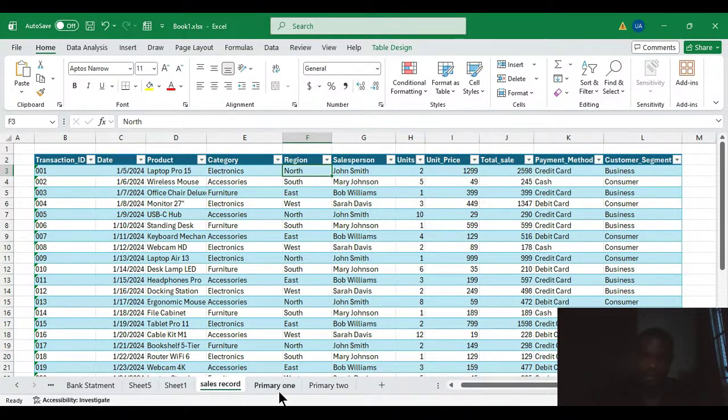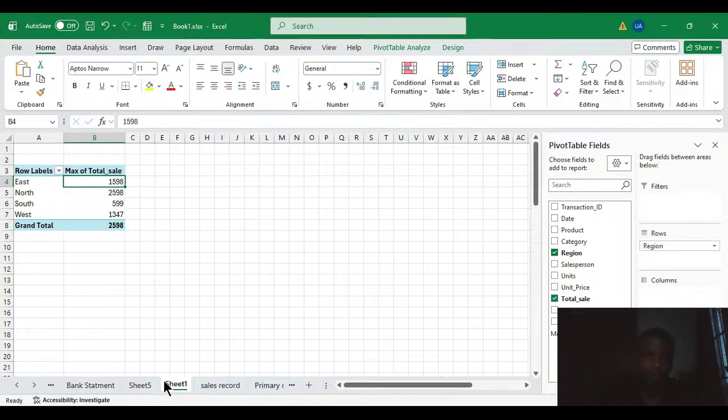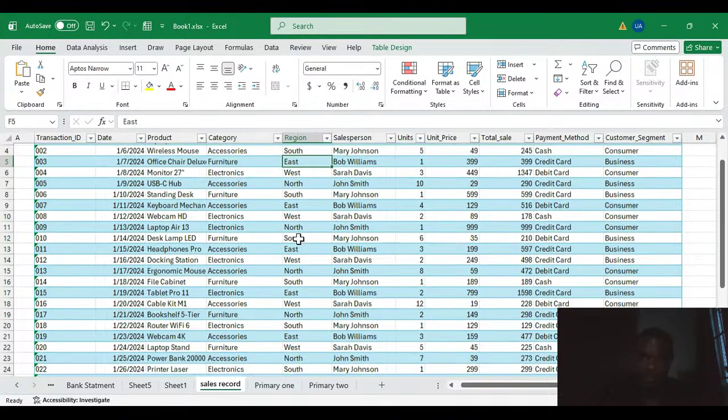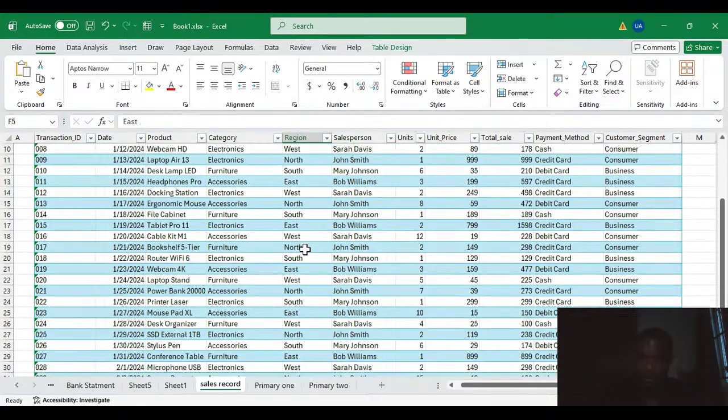Let me check and be sure. In the east, okay, this is the east region here. So let's go to the east region and check. So this is one east region. Not this. If we go down again, this is another east region. Let's go down. I'll just look for that amount here. Yes, I think this is it here in the east region.